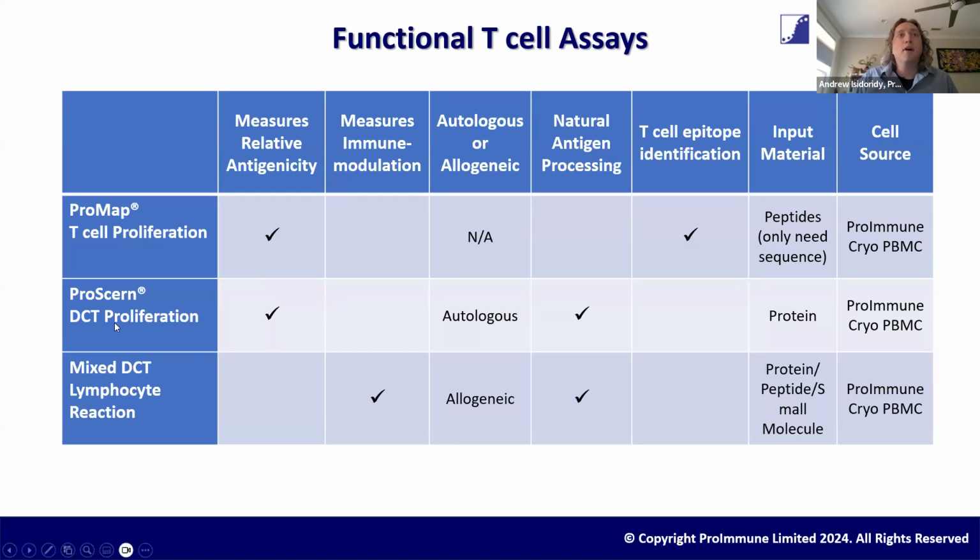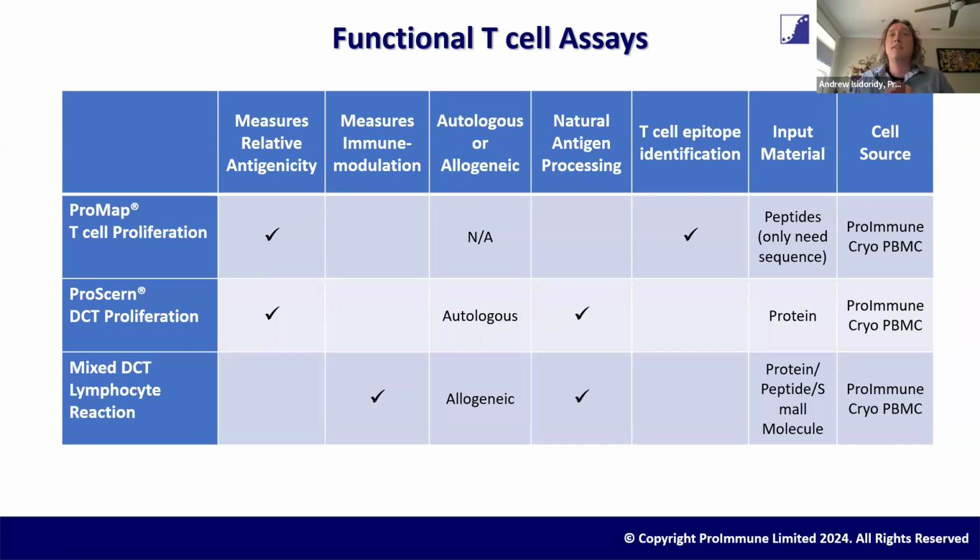The other assays that we offer are the ProScern DC-T, and also our Mixed Lymphocyte DC-T. Both of those require our monocyte-derived dendritic cells, and they require mixing of cell types. In the case of the ProScern dendritic cell proliferation assay, we would be remixing the monocyte-derived dendritic cells presenting your protein antigen with autologous PBMCs from the same donor.